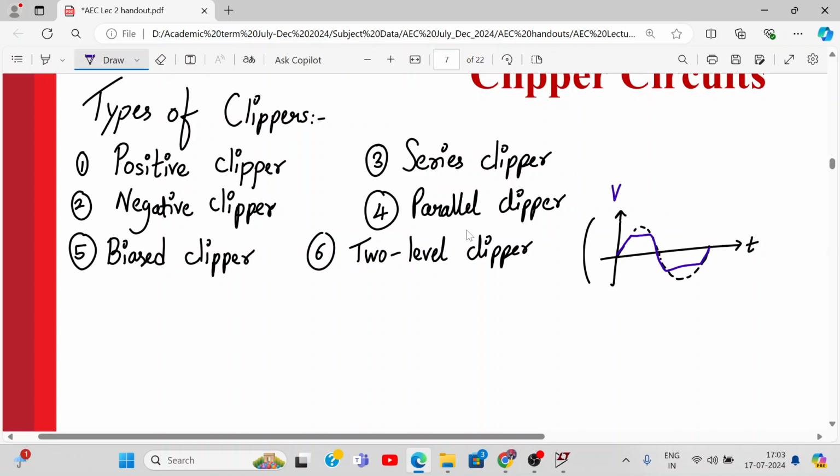So this is my V out. Got it? So positive clipper, negative clipper, series clipper, parallel clipper, bias clipper to add a DC bias to the series of the diode or resistor, and then a two level clipper where both the positive and negative portions of the waveform get clipped.